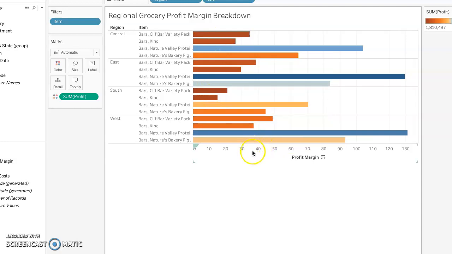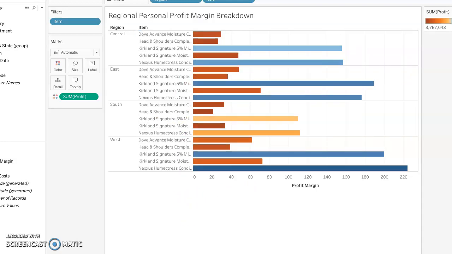There was nothing really significant to see within the grocery department. Personal department was pretty much the same. This one performed slightly better than the grocery department, but again, nothing significant, no real outliers here. Products within the regions were performing on average about the same.